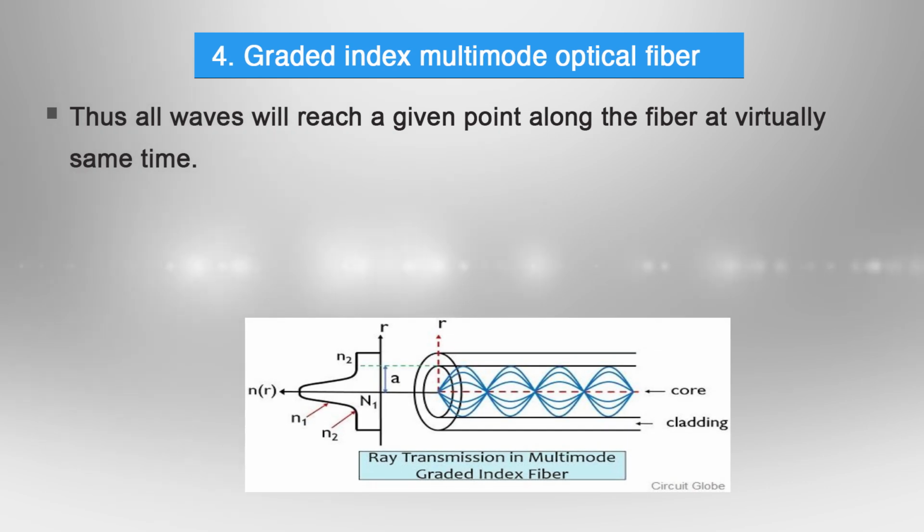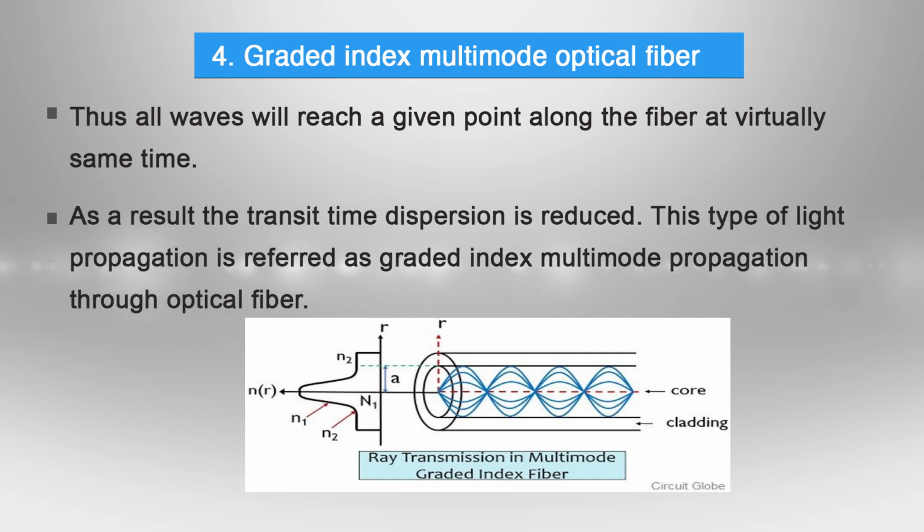Thus, all waves will reach a given point along the fiber at virtually the same time. As a result, the transit time dispersion is reduced. This type of light propagation is referred to as graded index multimode propagation through optical fiber.